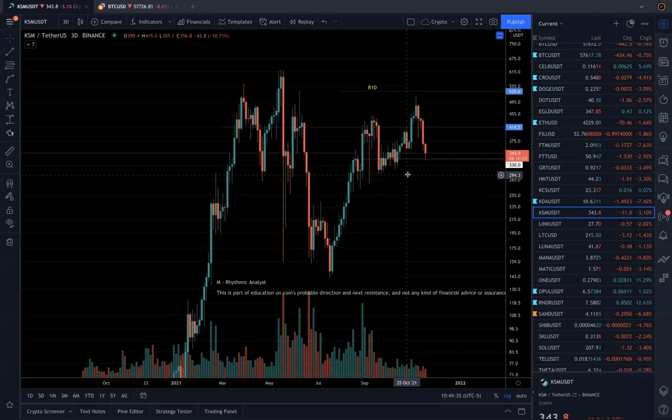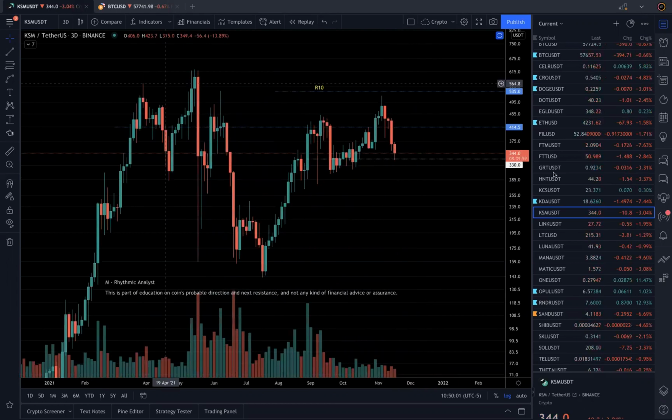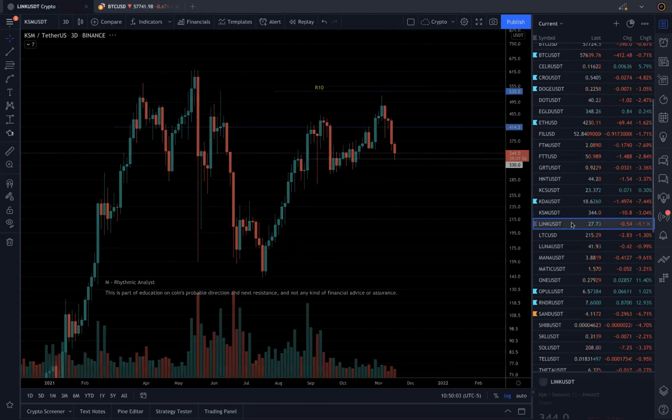I'm not going to change my support, but I'm giving you one more on this call, 290, 295 roughly. There are always some supports, but to me, I'm not going to change this. So this has touched. This is already a red flag to me. So KSM is not looking good.